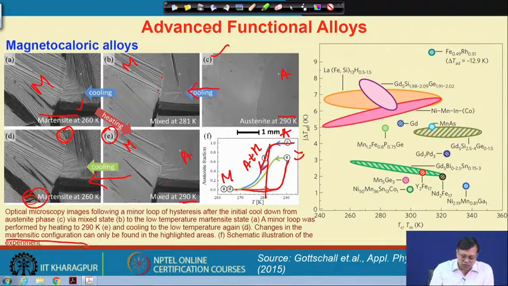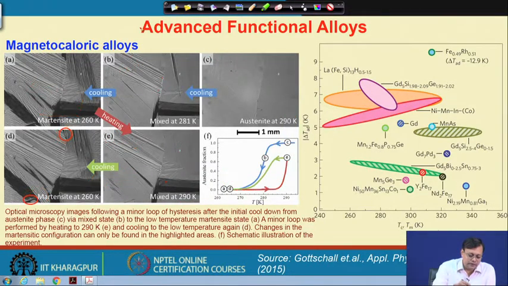So, there is a change of the martensite configuration. If you clearly look at the places here and here, there are some configurational changes that actually occur in the martensite configuration during the heating and cooling cycle.